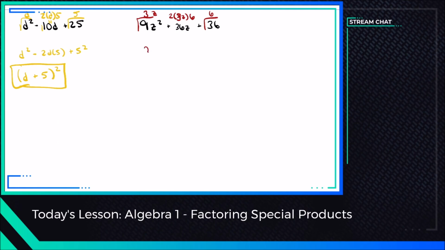So now we can rewrite this as 3z quantity squared plus 2 times 3z times 6 plus 6 squared, or 3z plus 6 squared. Once again, there needs to be a minus here. It's really easy to make those simple mistakes. And a plus here means a plus here.